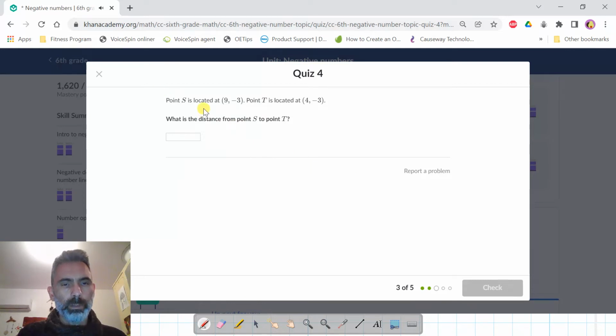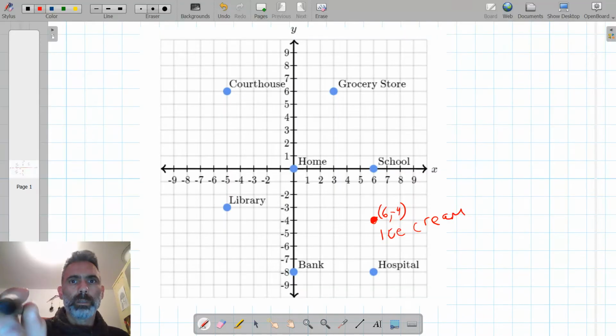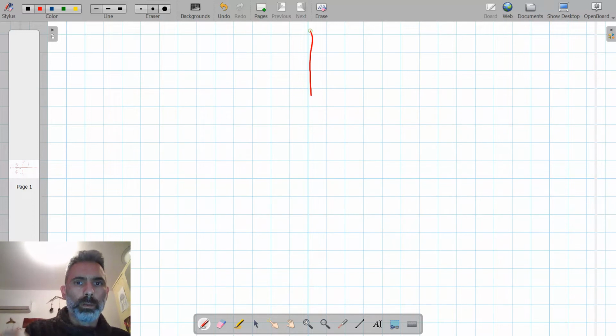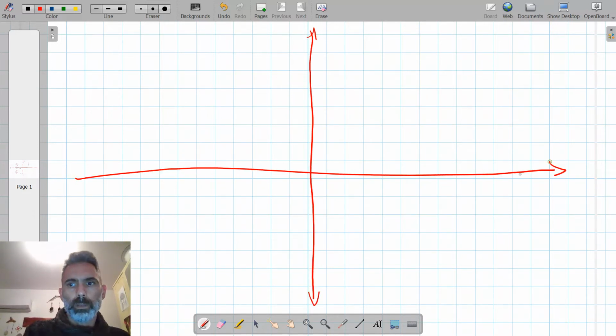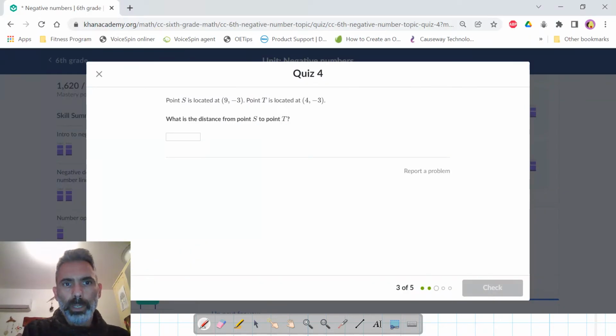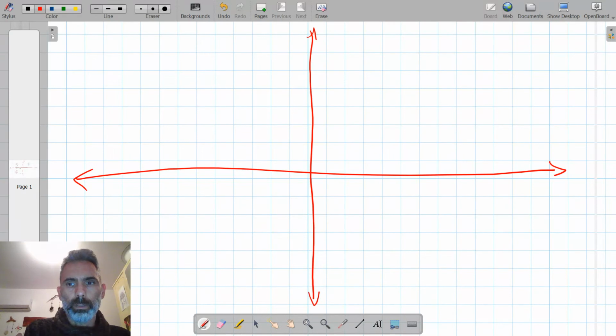Point S is located at (9, -3). Okay, so let's say this is 9 on the x, and this is -3.